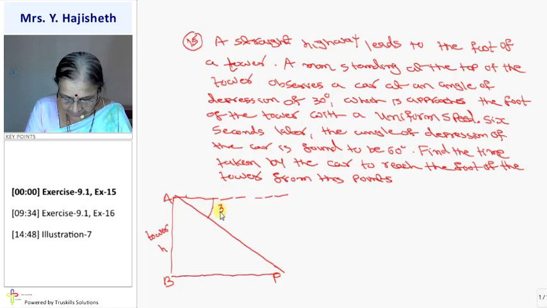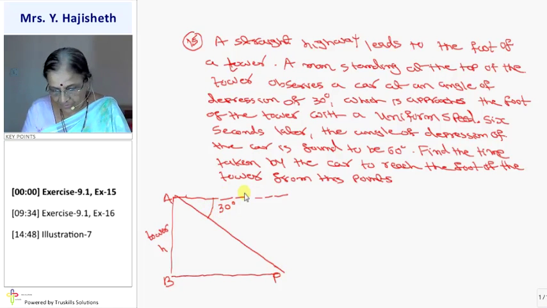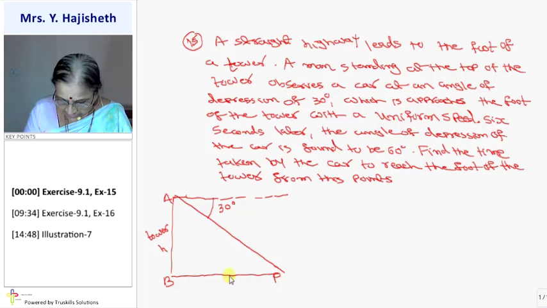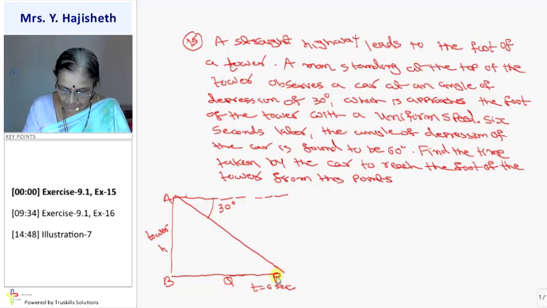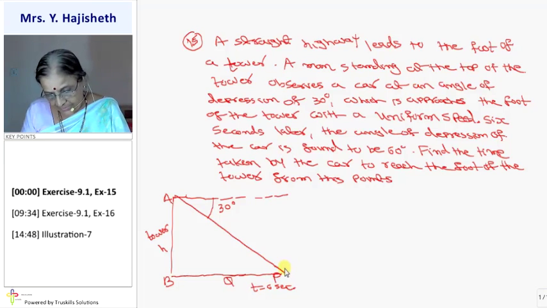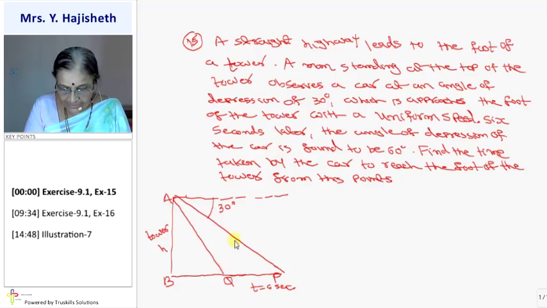Okay, now after 6 seconds, suppose my car is at point Q. After 6 seconds, car is coming from P to Q. Clear? And the angle of depression of this point Q, car is at Q, is now 60 degree.